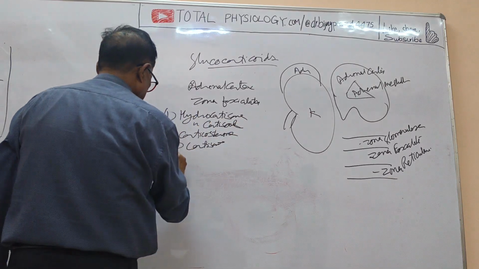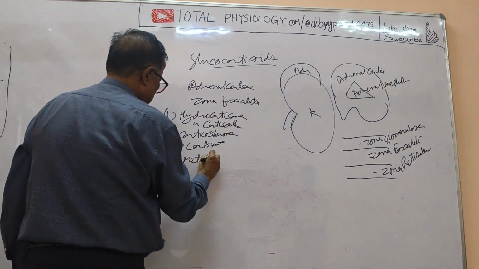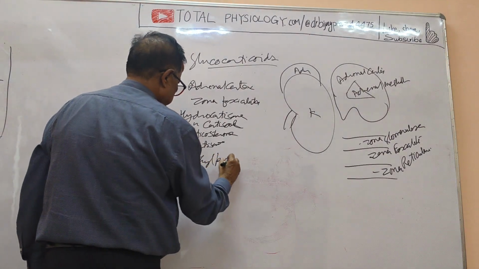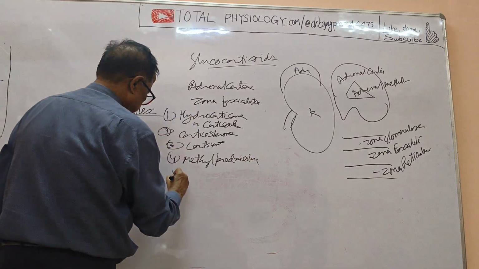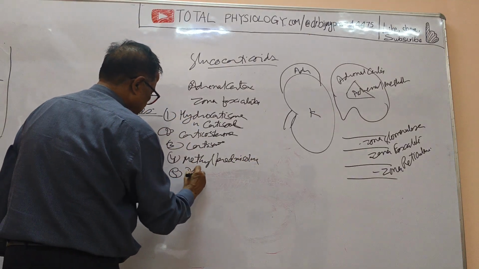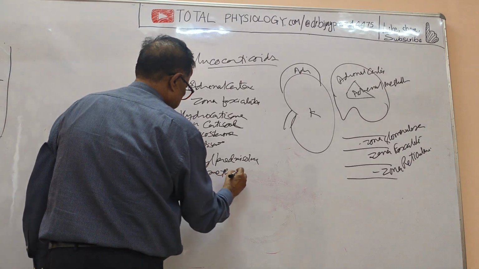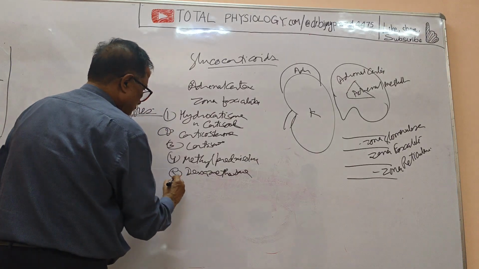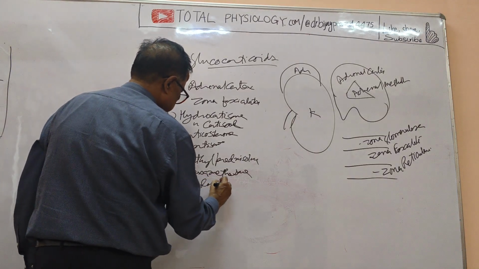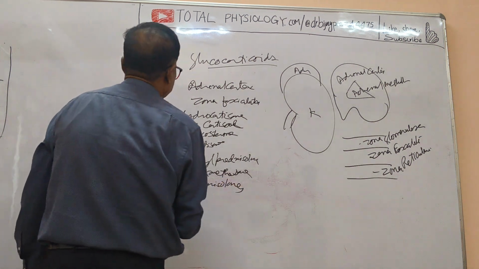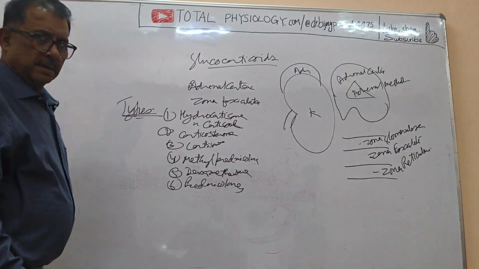Cortisol, hydrocortisone. Then methylprednisolone, dexamethasone, or prednisolone. These are types of glucocorticoids.